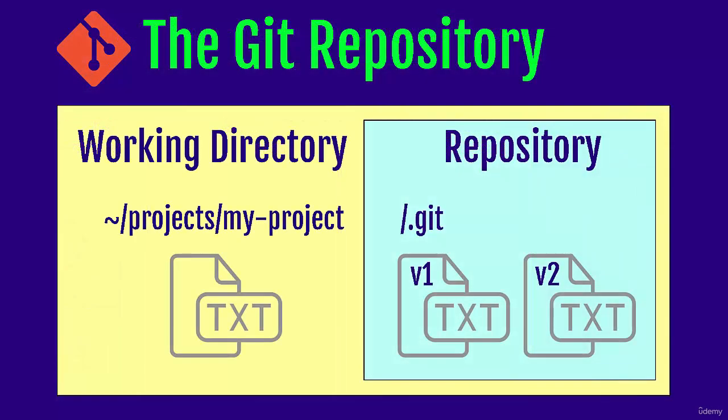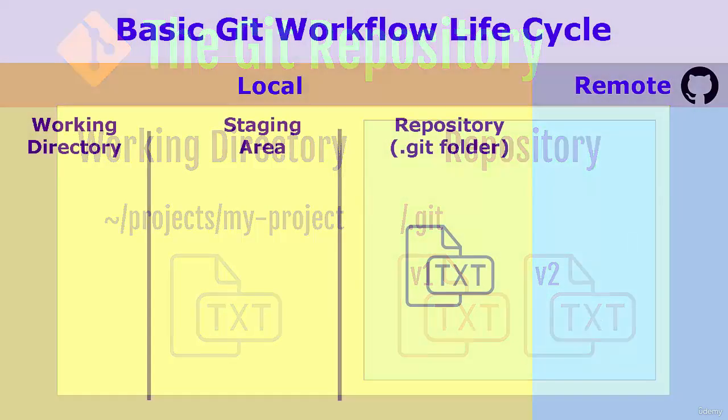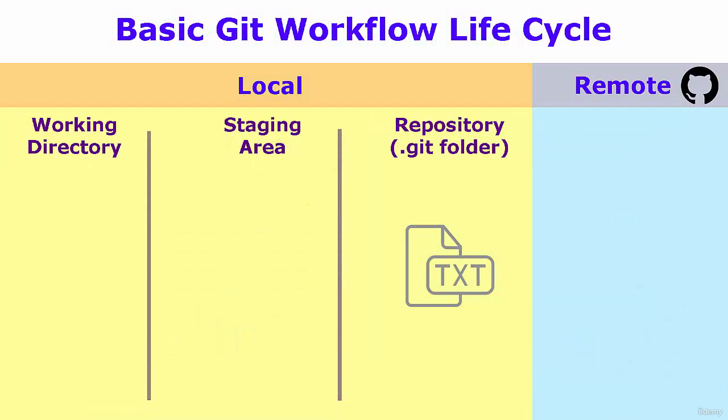Normally, within the working directory is a hidden folder called the .git folder that contains the actual Git repository. The Git repository manages the Git commit history, that is, all the changes that are finalized and permanently part of the Git repository.